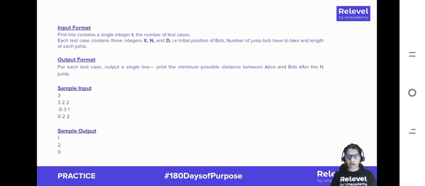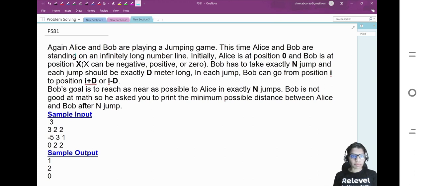Now let's see how we can solve this particular problem. Here I have dragged your problem just for your reference. So what the problem is saying is that Alice and Bob are playing that particular jumping game. This time Alice and Bob are standing on an infinitely long number line.